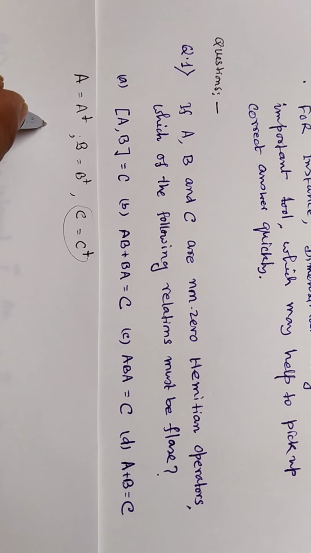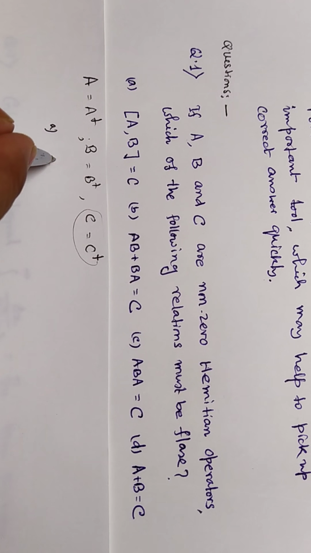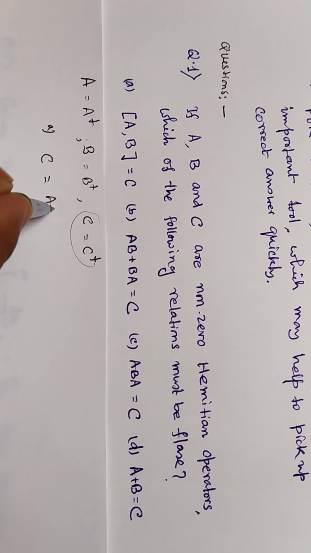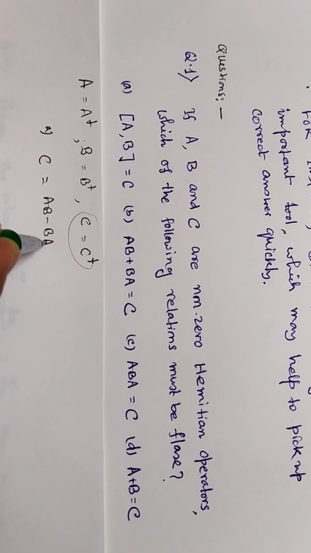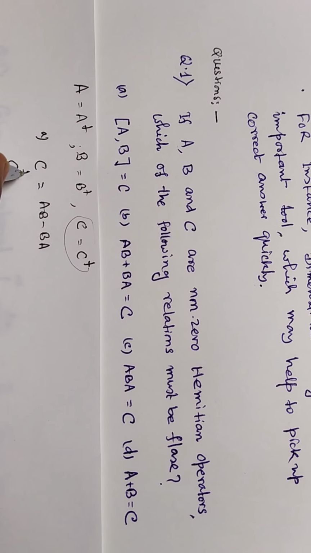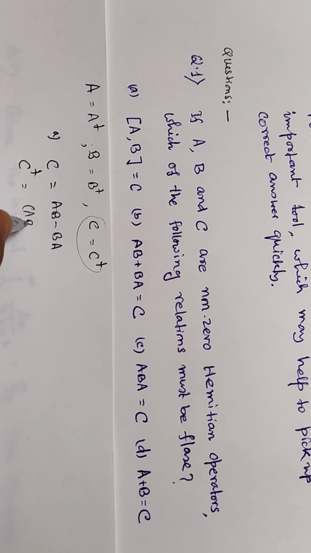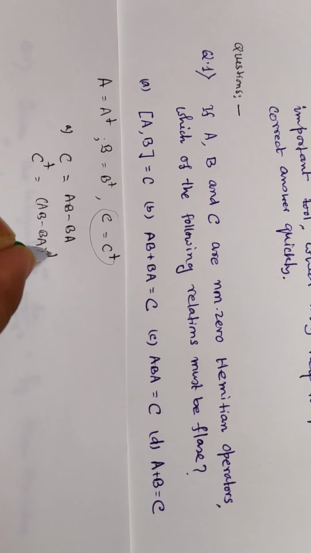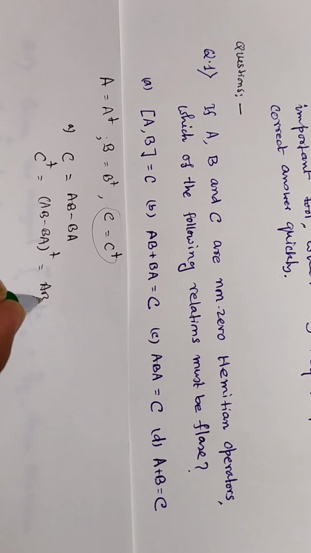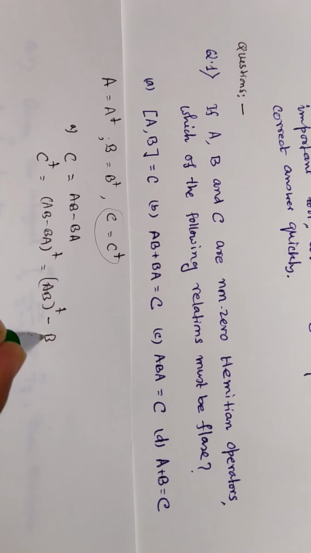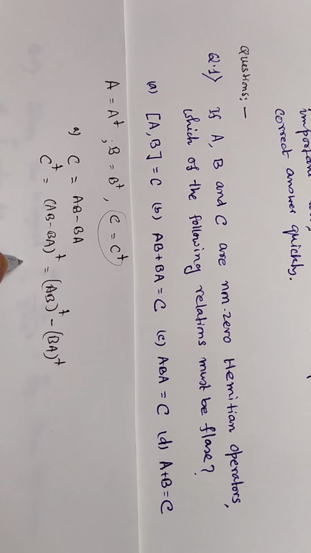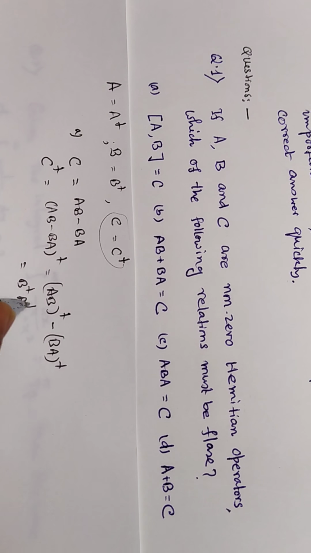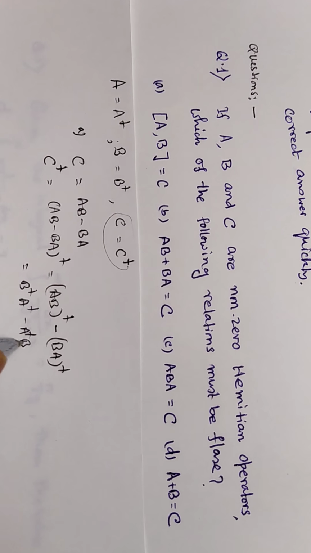Now you see, if you pick up option A, then C is written as AB minus BA. These are the operators, right? Then C dagger equals (AB minus BA) dagger, equals (AB) dagger minus (BA) dagger, which is B dagger A dagger minus A dagger B dagger.